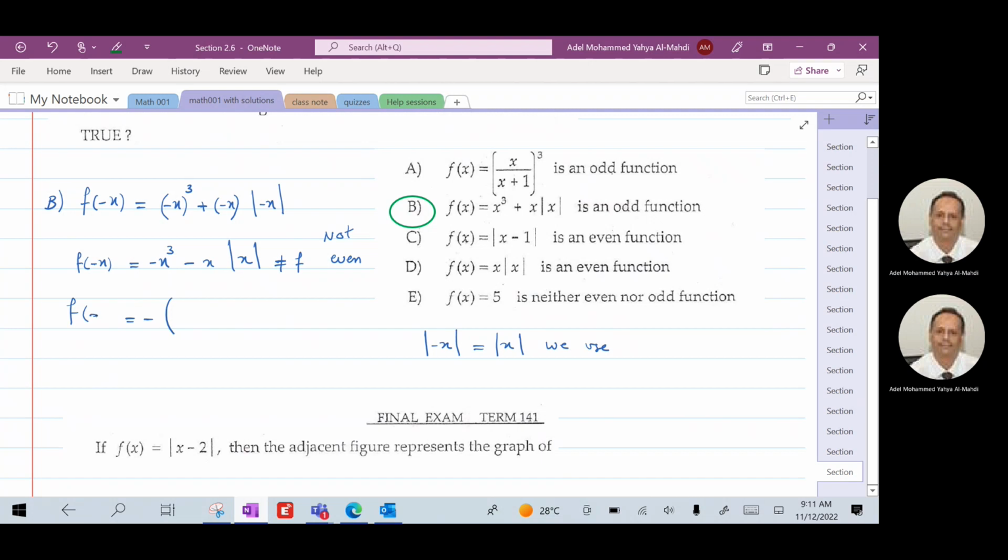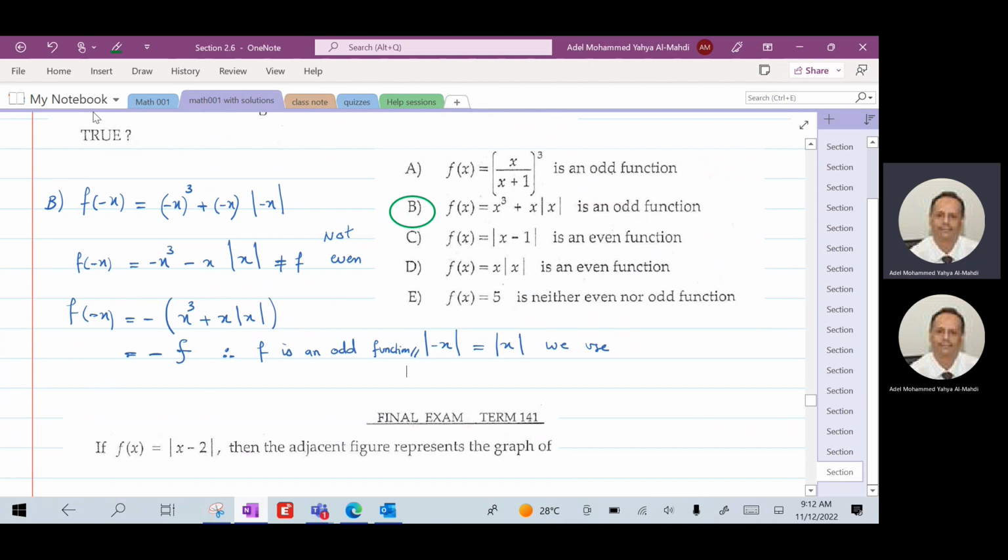If you take minus as a common factor, we will have x to the power 3 plus x times the absolute value of x, and you can notice that it is minus f. So f is an odd function. So try to test the others.